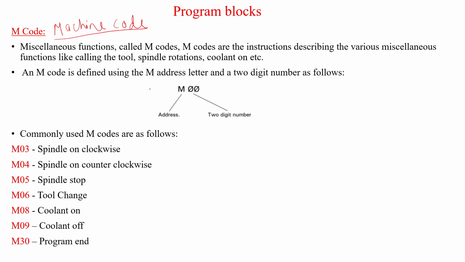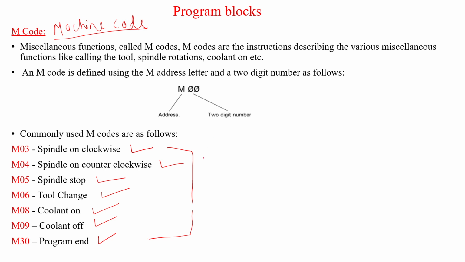For example, if you want to rotate the spindle clockwise, then M03. If you want to rotate the spindle anti-clockwise, M04. If you want to stop the spindle, M05. If you want to change the tool, then M06. If you want to switch on the coolant, M08. Switch off the coolant, M09. If you want to end the program, M30. So this you need to remember. This is all related to machine things.